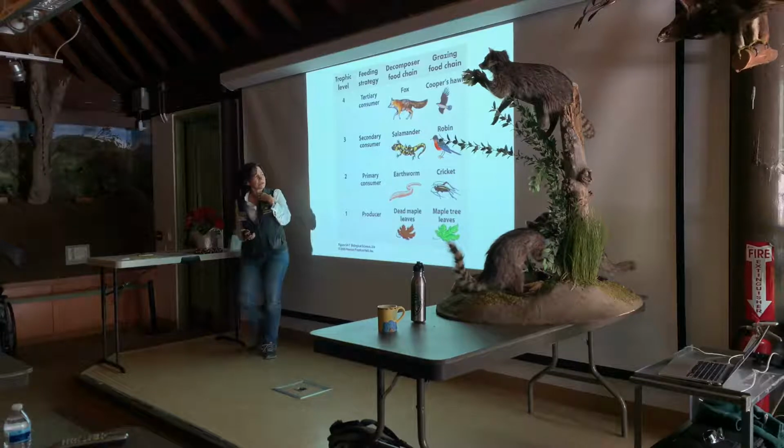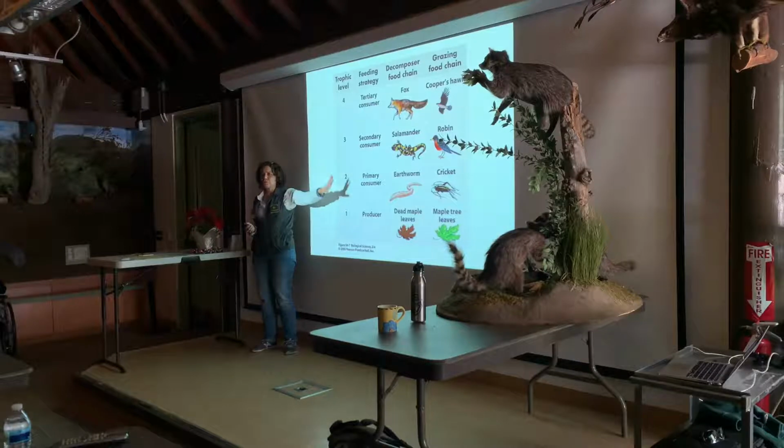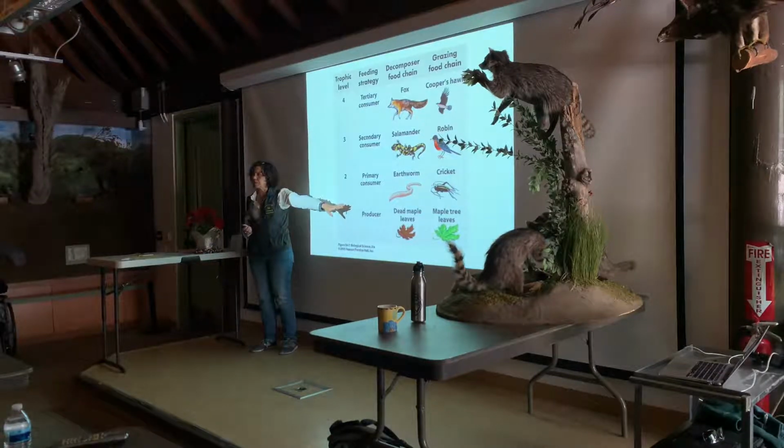Okay. So again, we can name these things, right? The producers are the plants, the things that do photosynthesis. A way to remember that, if you find this producer-consumer thing confusing: when you go into the grocery store, where do you find the plants?